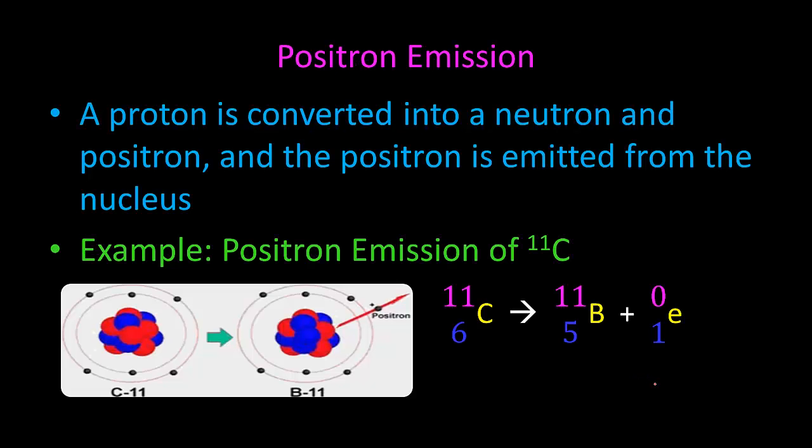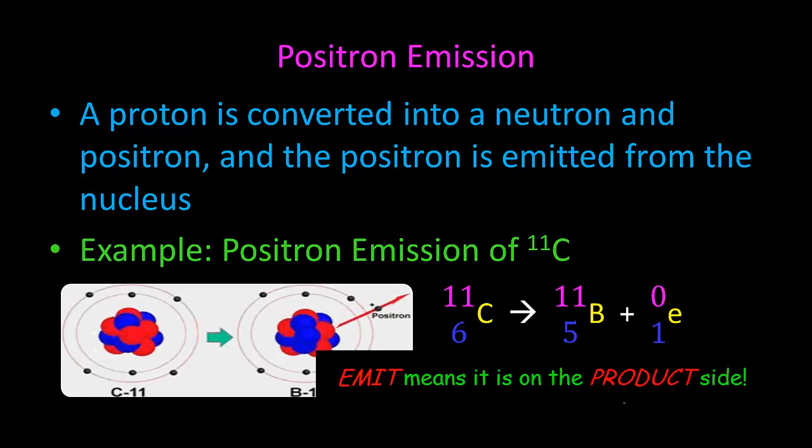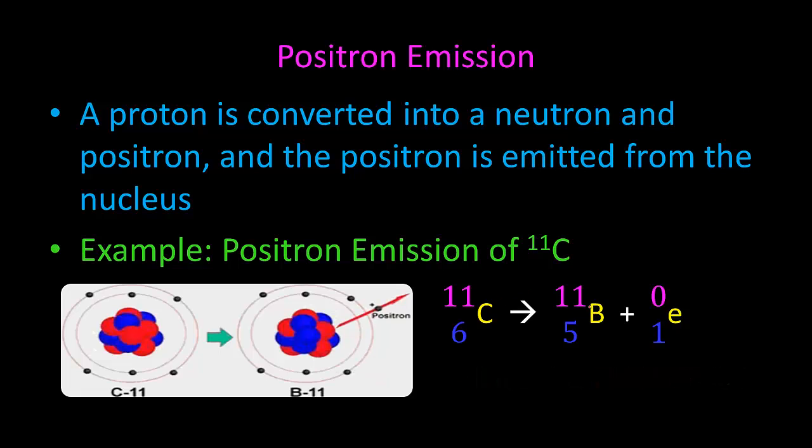So positron emission. Now remember, a positron is a positively charged electron, and this happens when a proton is converted into a neutron and a positron, and the positron is emitted from the nucleus. An example of this would be carbon-11, and it will turn into boron-11 and emit a positron.